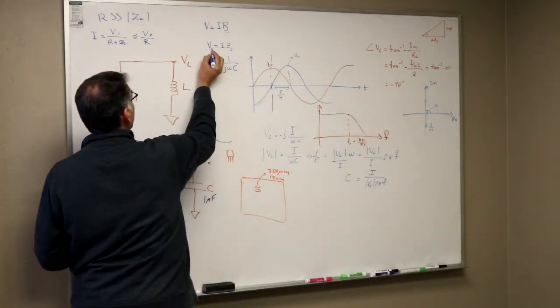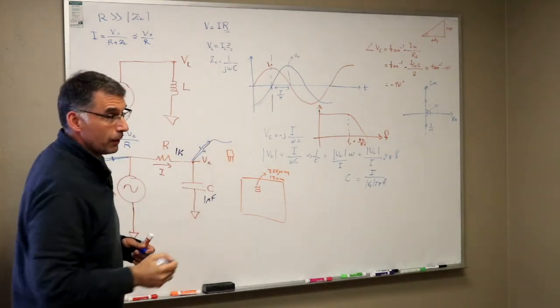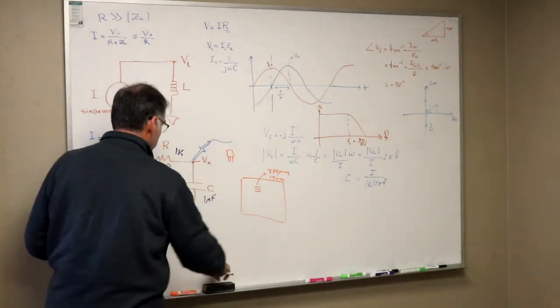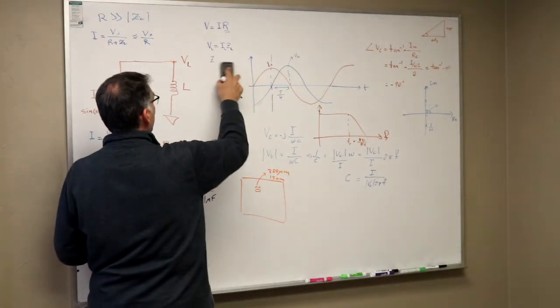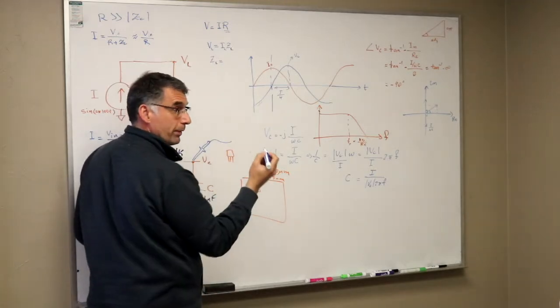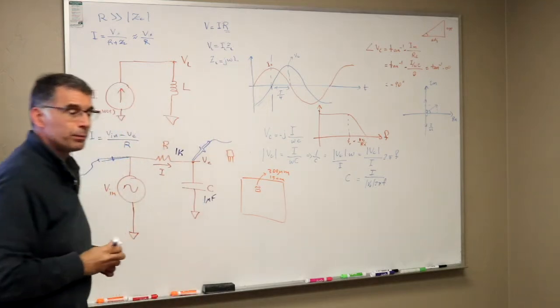VL would be the current IL going through the inductor times Z sub L, right? And what is Z sub L, the impedance of an inductor? J omega L. Right?